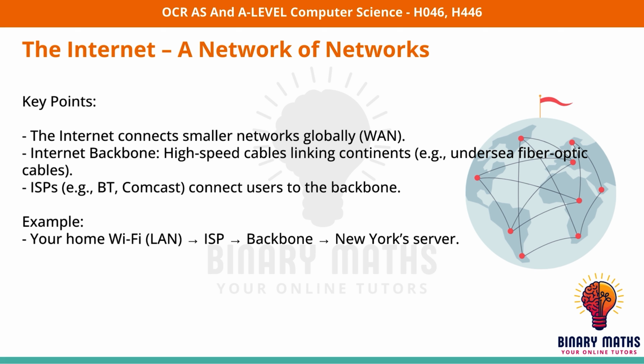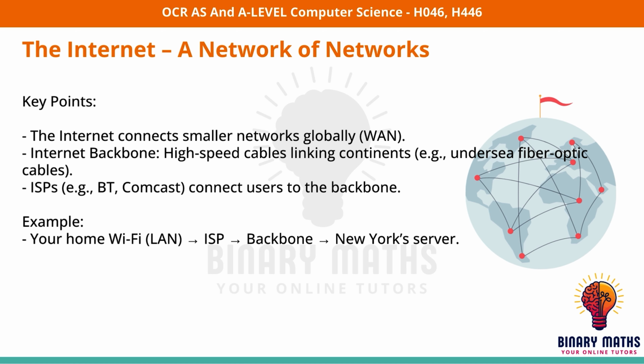Now let's zoom out a little. The internet isn't one single entity. It's a network of networks. Think of your home Wi-Fi as a tiny village road. That road connects to a bigger highway, which is your ISP, or your internet service provider, like BT or others that you may have come across. The ISP then merges into the internet backbone, the global superhighway made of undersea cables, satellites, and massive data hubs.